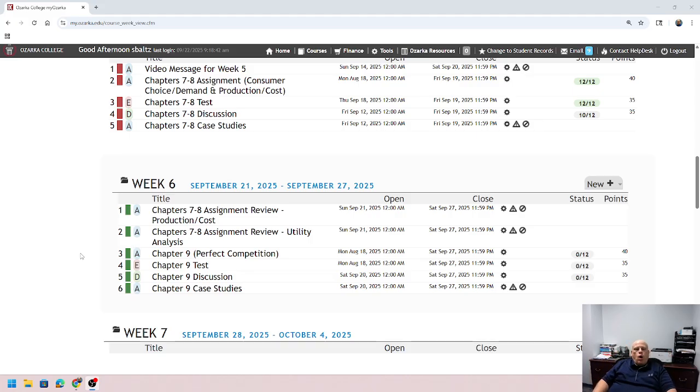All right, so a lot of the stuff that we learned about in Chapter 7 and 8, we're going to be applying to Chapter 9 and also the next couple of chapters that deal with the other types of market structure. So keep that in mind.